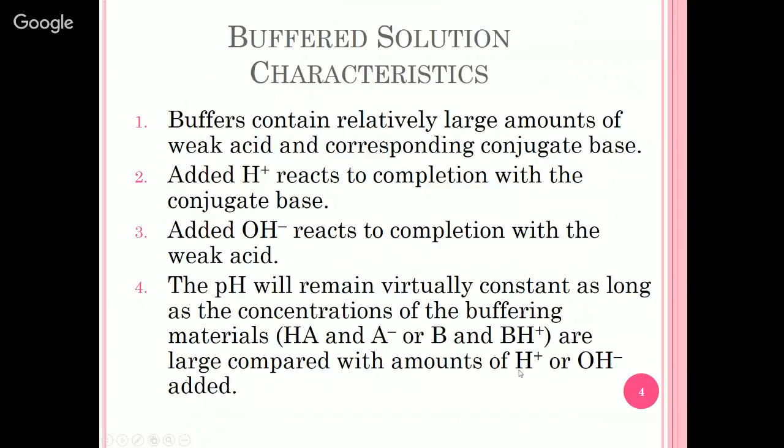If you add more than what our buffering capacity allows, then we would actually see a drastic change in pH. So basically we can absorb only so much strong acid or strong base based on what we start with. What are our original concentrations and volumes of our weak acid-base pair?